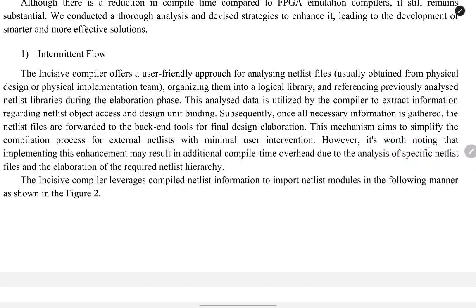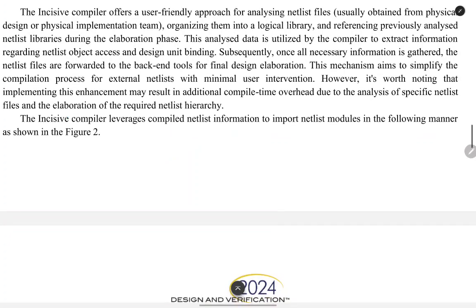However, it's worth noting that implementing this enhancement results in an additional compile time overhead due to the analysis of specific netlist files and an elaboration of the required netlist hierarchy. The Incisive compiler leverages compiled netlist information to import the netlist modules in the following manner, as shown in Figure 2.